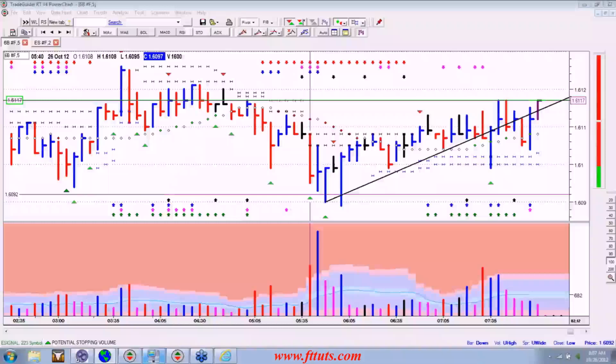And we go from, I don't know, around 1460 down to 1445. So there's a 15-point move in the S&Ps. So that's worth $750 for one contract. And scale this up to multiple contracts. That's if you got out here.